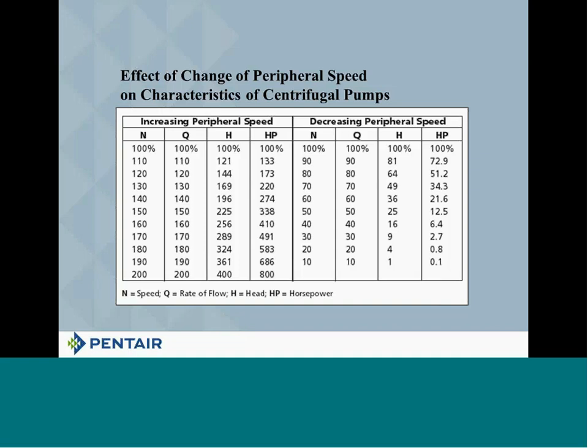But remember, when I say speed, what we're really calculating is the peripheral speed. So you'll notice on the chart here, there's N, which stands for speed, Q, which stands for flow rate, H, which stands for head, and HP, which stands for horsepower. And you can go up or you can go down. Either way, it doesn't matter.